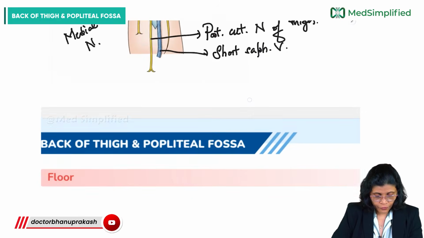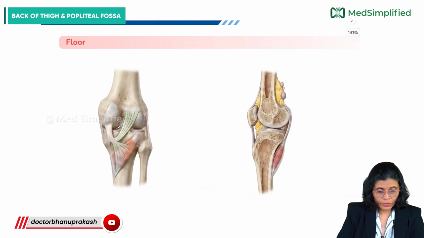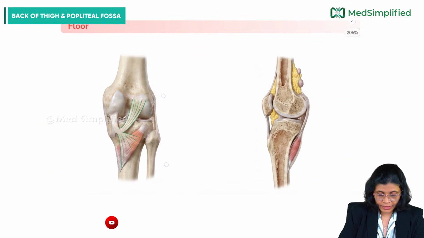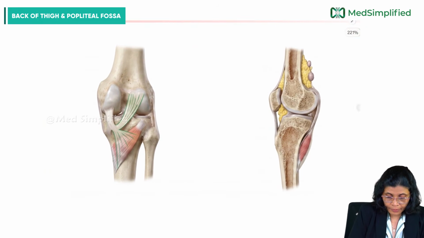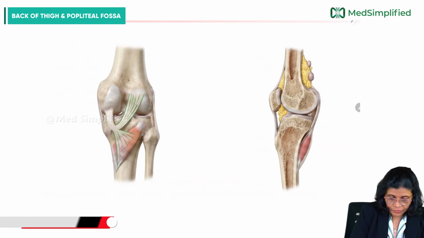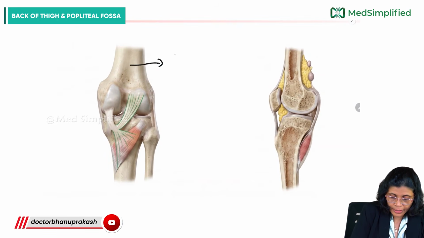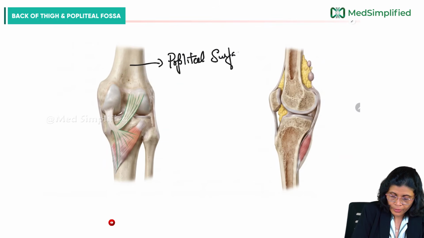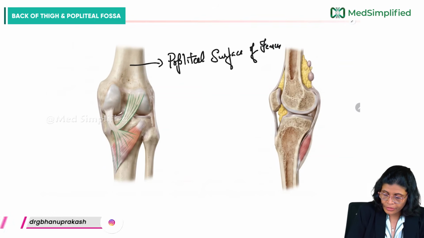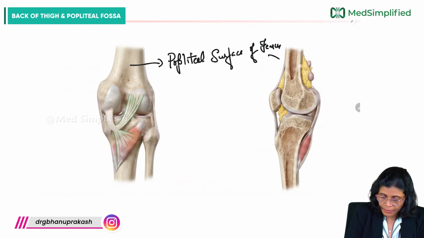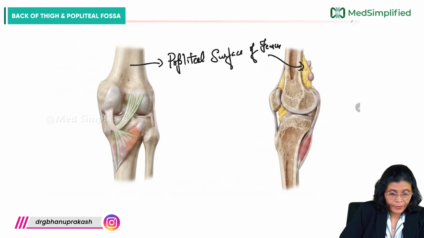Next, coming to the floor of the popliteal fossa. Here in the upper part, from above downwards, this is the popliteal surface of the femur, which is covered by fat. So the popliteal pad of fat we can see there.